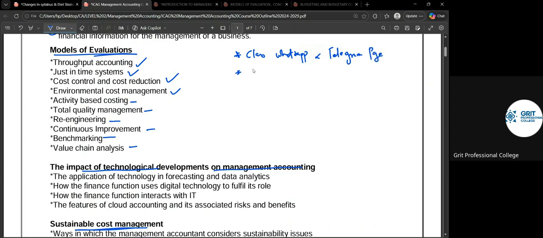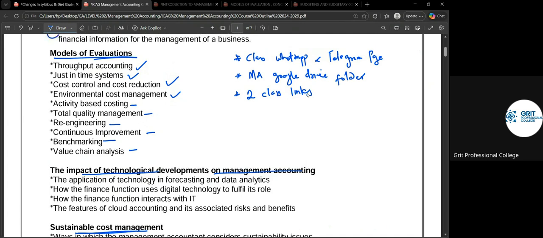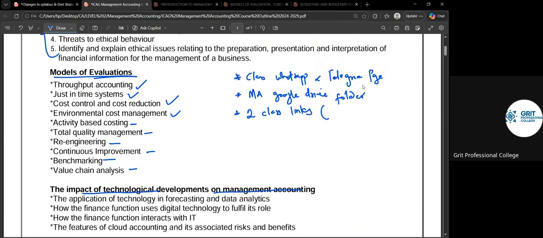Ensure I share with you the Google Drive folder, and I also share 2 class links with you, Monday and Saturday class links. Ensure you have all of these things. If you don't, draw my attention in the background so that we sort it out.